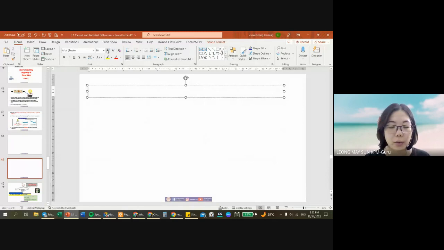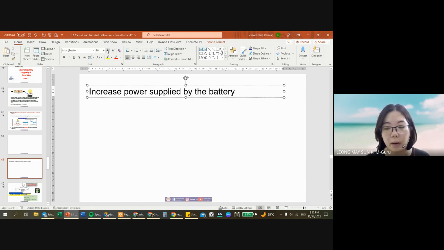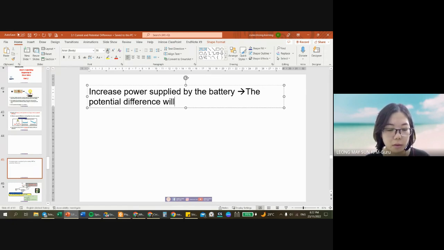Okay, so when we increase the potential difference, increase the power supply, all right, when we increase the power supply by the battery, what happens is the potential difference will increase in the circuit.